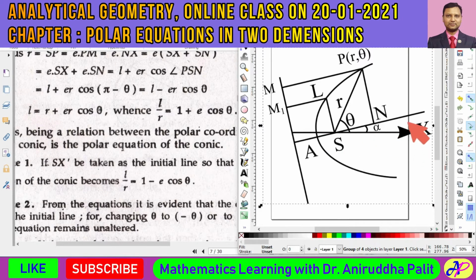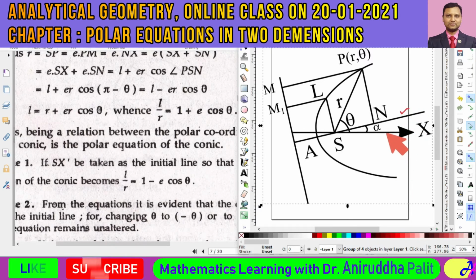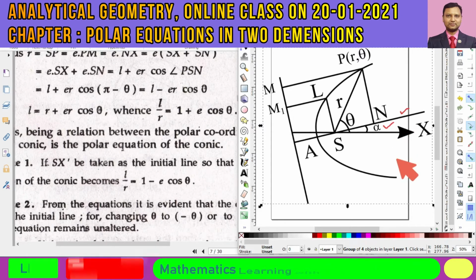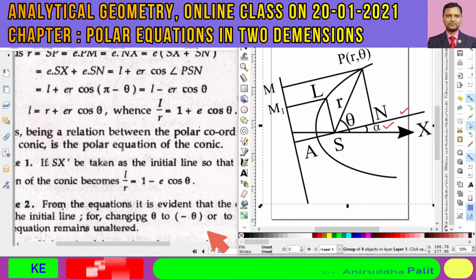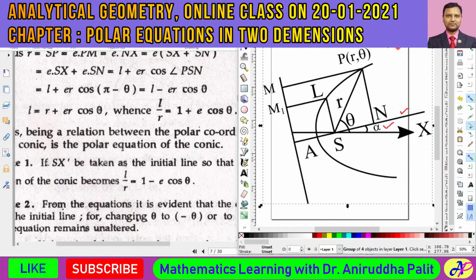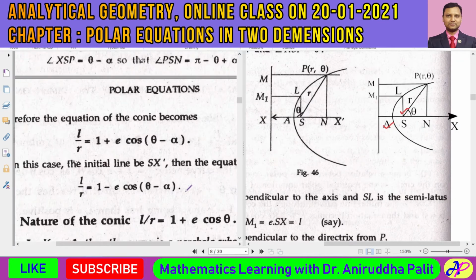So the axis of the parabola is now inclined at an angle alpha with the initial axis of the polar coordinate system. I don't know in the book whether they have taken the angle alpha or gamma. Let me check.